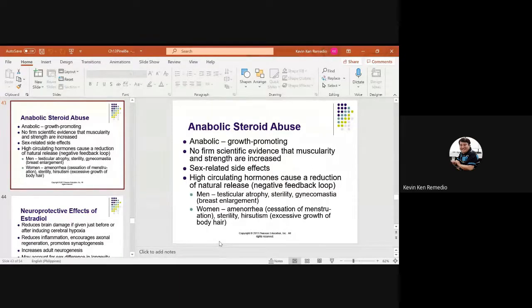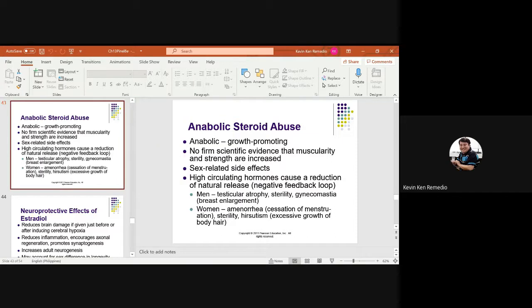Your sperm decreases its chances of being fertile or producing offspring. Also gynecomastia, breast enlargement. Notice the male wrestlers, class, some of whom use steroids, their breasts are bigger than a woman's. Because some of them really take in steroids.